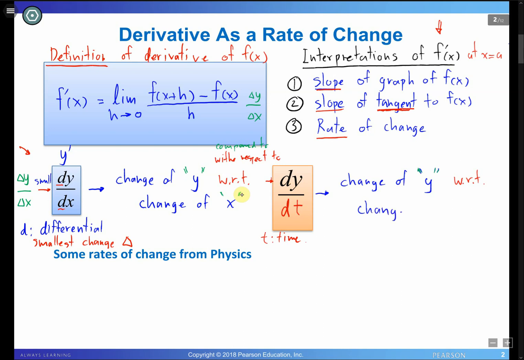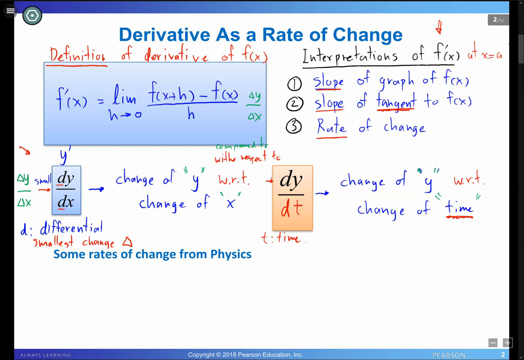Now we have the change of time. And the key word is right here, time. We want to observe how y changes when time passes. So I translate this to rate of change of y.